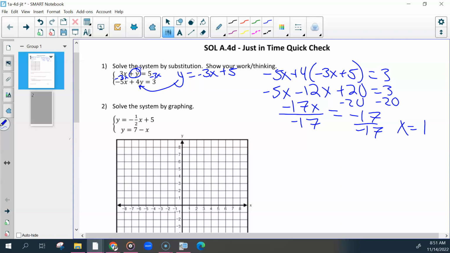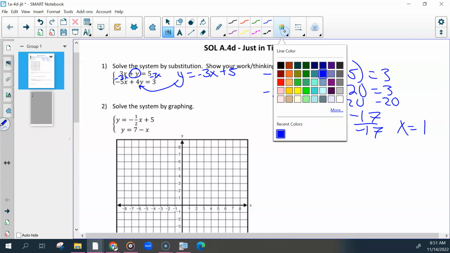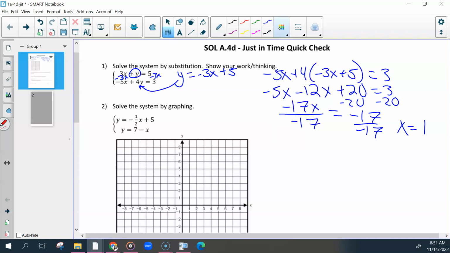It shouldn't have been no solution because none of the variables canceled. So once you got 1, you should have put that back in to find y. So then our solution would be 1, 2.